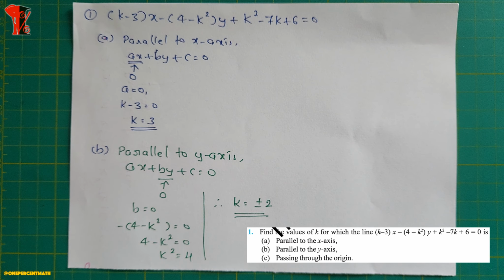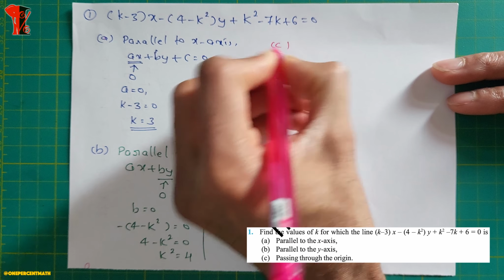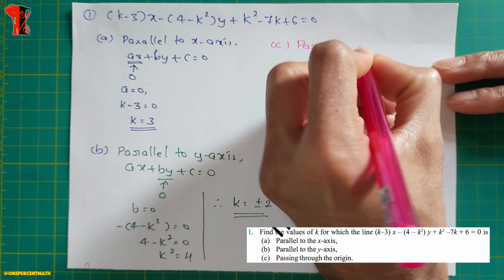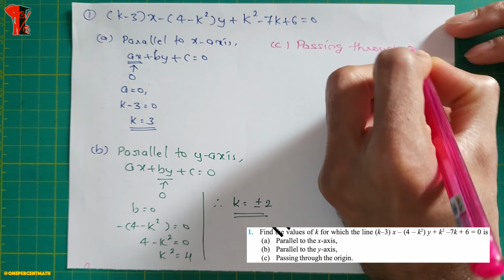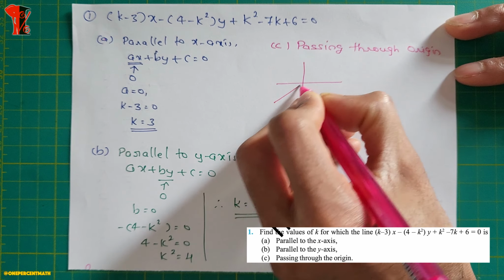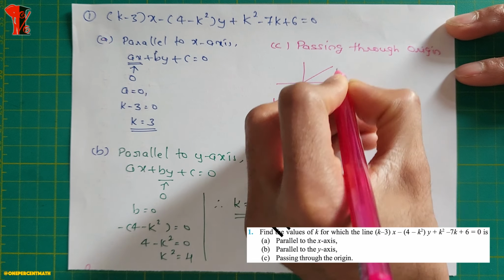Now let's move to the last question: passing through the origin. Origin means if any line passes through the origin, the coordinates of the origin are 0, 0, correct?